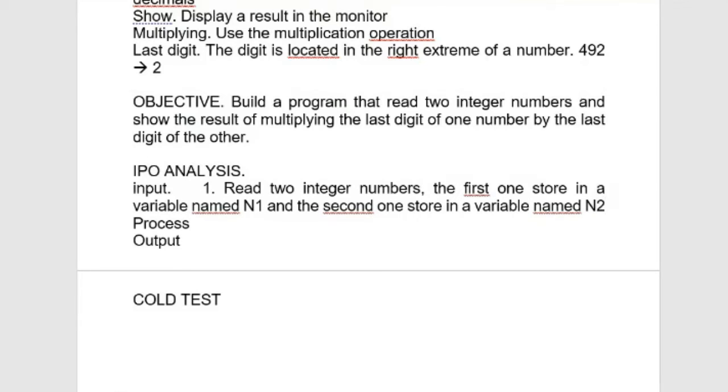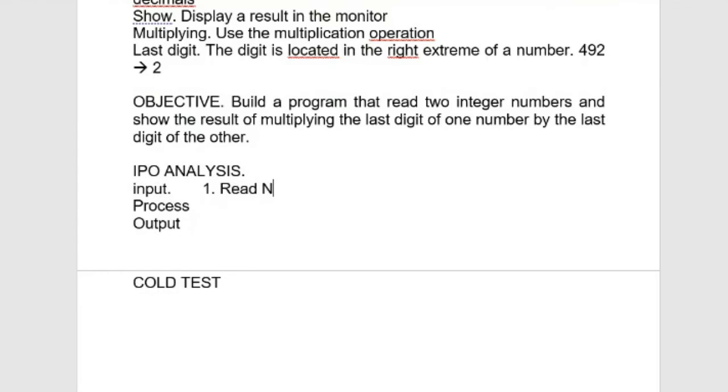But this is really a very long instruction for the computer. It's unnecessary. You only have to write read N1, N2. That means read one number and store in N1 and read another number and store in N2.